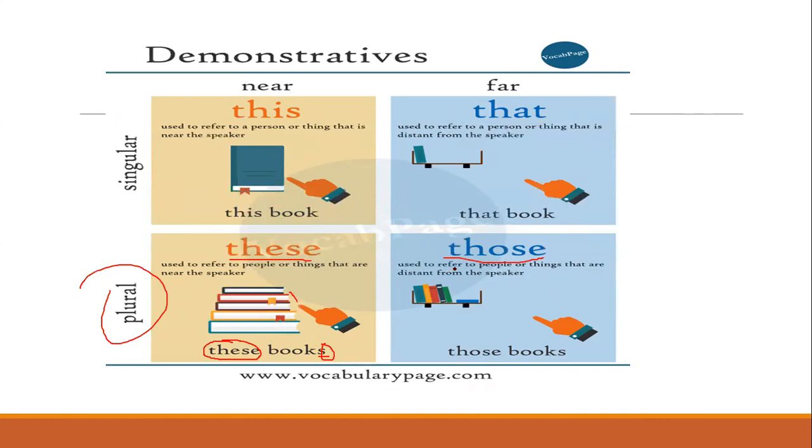Now let's go to the other one, which refers to those. And it refers to long distance. Here we say, for example, those books. The distance is long, right? Yeah, it is long. So in this case, we're going to use those because it's plural books.